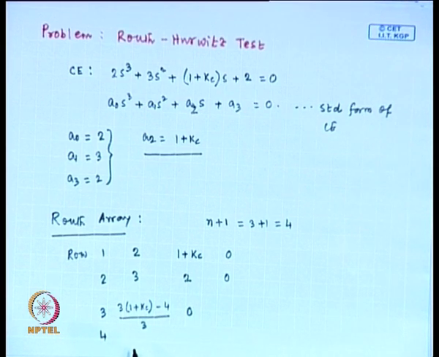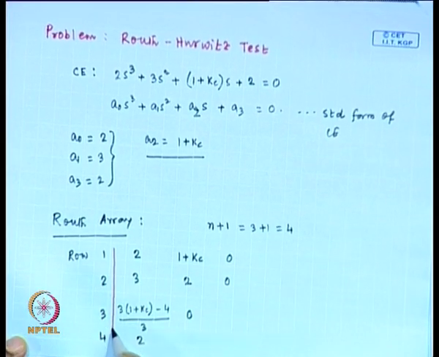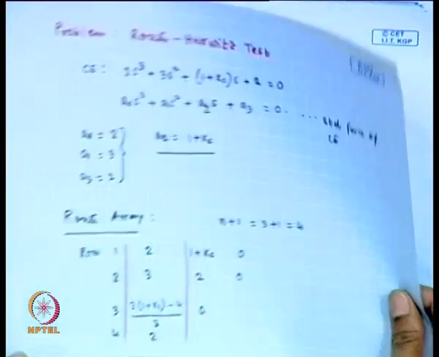Then what is the first element in the fourth row? It is 2. Fine. So, we got all the elements in the first column, based on which we will proceed for stability analysis.